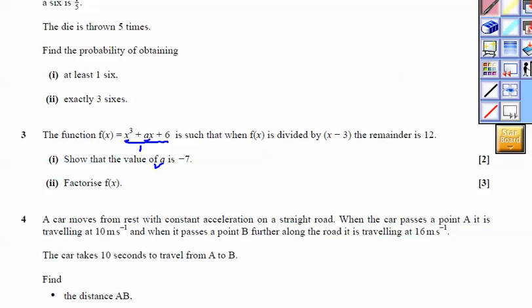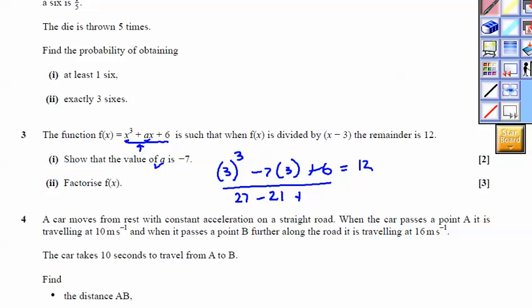So if I come back to this again, I could have just gone 3 cubed plus minus 7 times 3 plus 6, and I know that the answer to this should come to 12 for the statement to be correct. Well, 3 cubed is 27, minus 7 times 3 is minus 21, plus 6 equals 12. Therefore, we know that A is definitely minus 7.